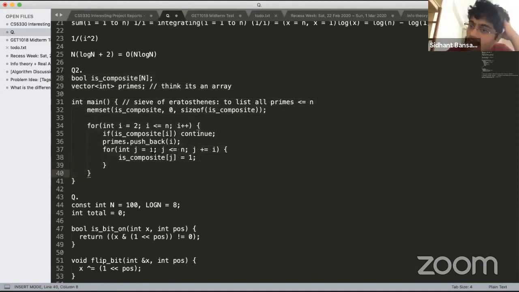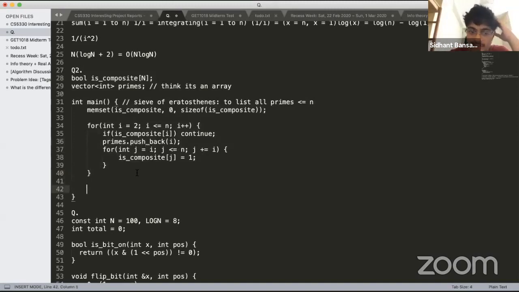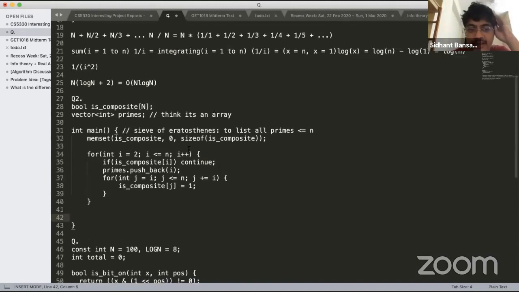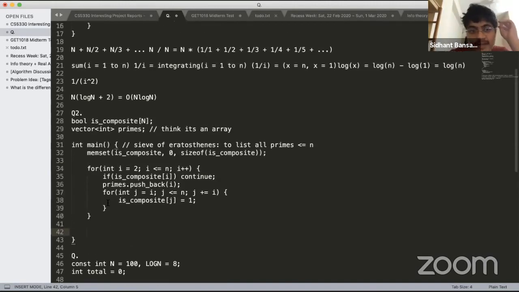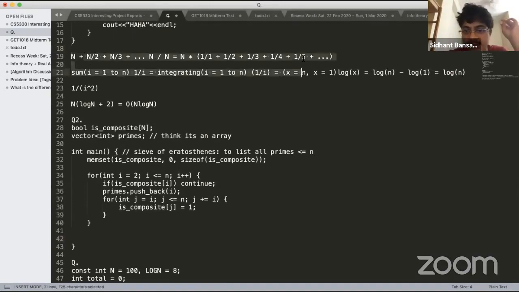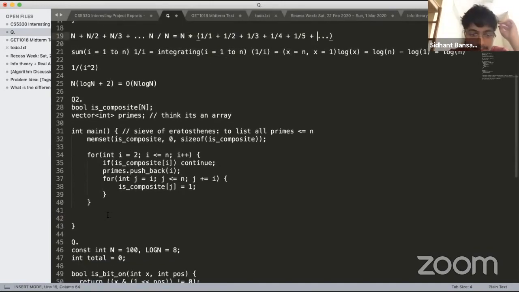So here the question is, we are trying to come up with the complexity analysis of this. How slow is this? Anyone has any answers? Obviously we can see that this is definitely faster than the previous thing that we saw, because here also the loop goes j plus equal i, jumping by i steps each time, but we are not trying it for every i.